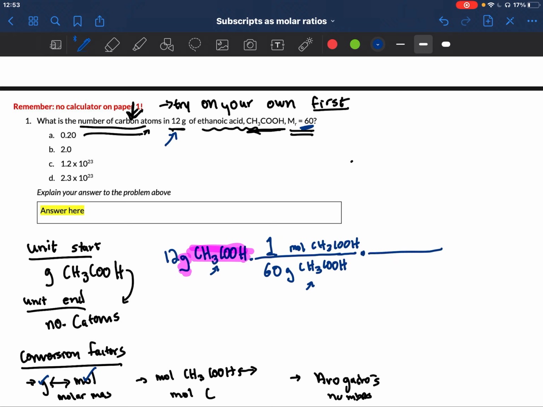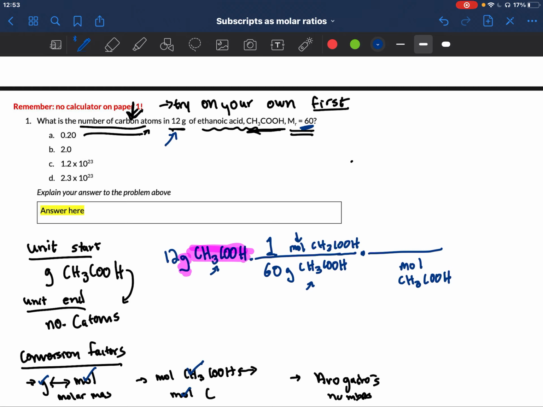All right. If moles of ethanoic acid are on top, what needs to go on the bottom in my next step? Moles of ethanoic acid, you guessed it, so that we can cancel.